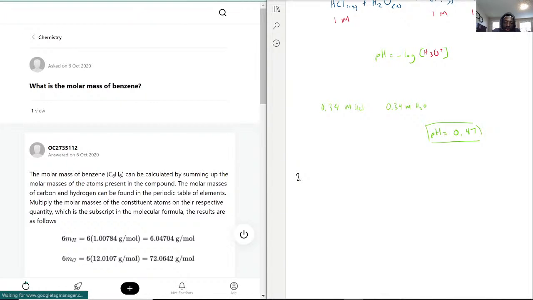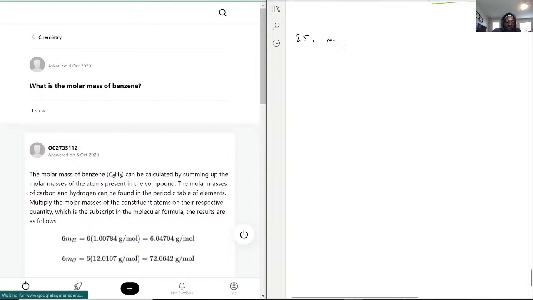So 25, nice. What is the molar mass of benzene? The hardest part of this question, unfortunately, is knowing what benzene is. Benzene refers to the carbon ring that has a resonance structure in it, with hydrogens out there like that.